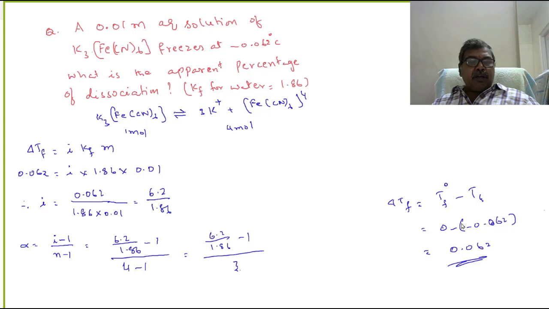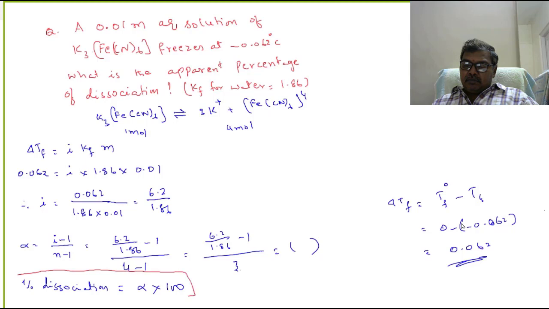So, simplify this, you will get some value here, and percentage of dissociation is equal to alpha into 100. You will get the answer. Answer given in the book is 77.77%.